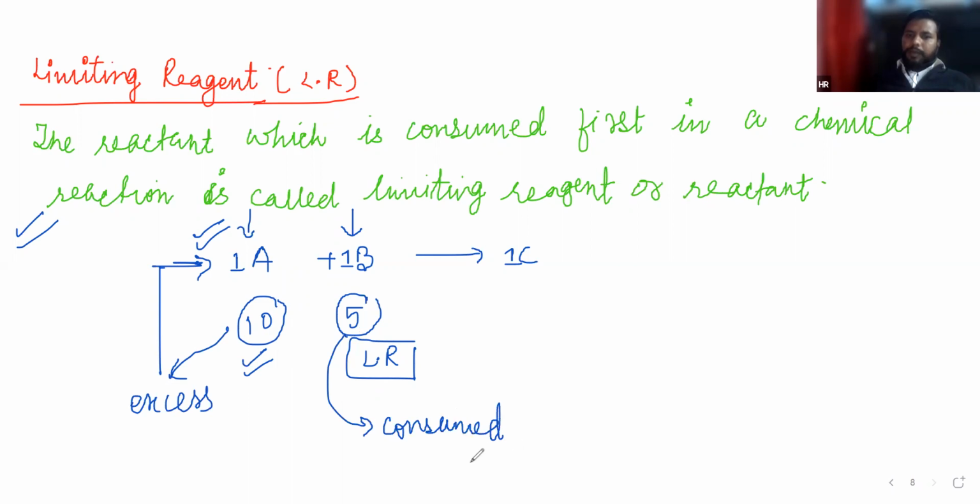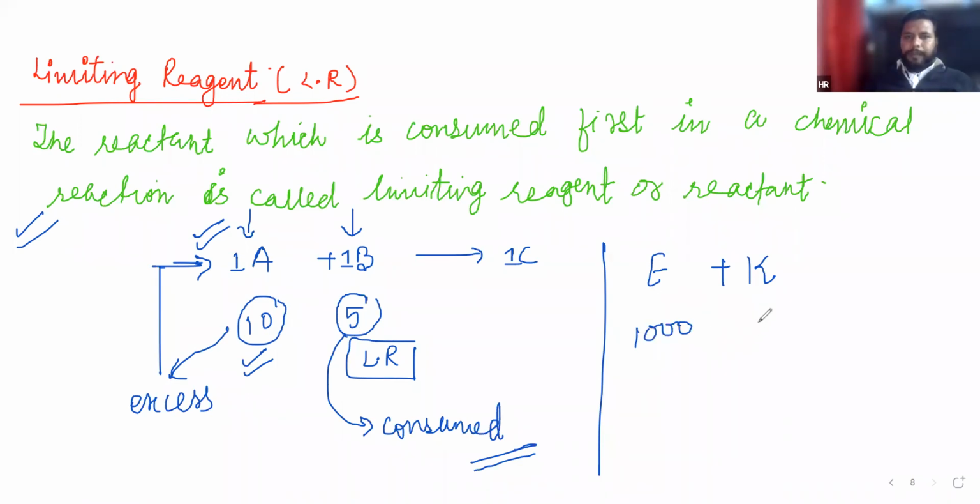For a better understanding, just see, Etasham, you and here is Krishna. You have 1,000 bucks and Krishna has 500 bucks. You both are going to watch a film that has a ticket of rupees 500.